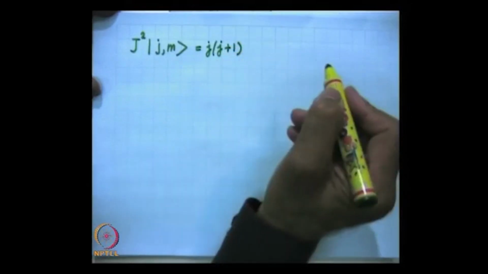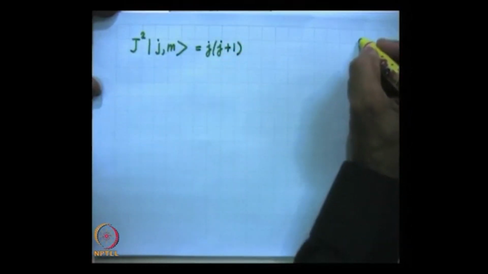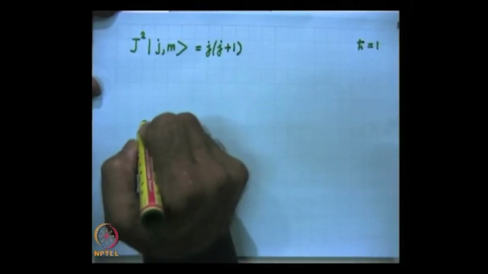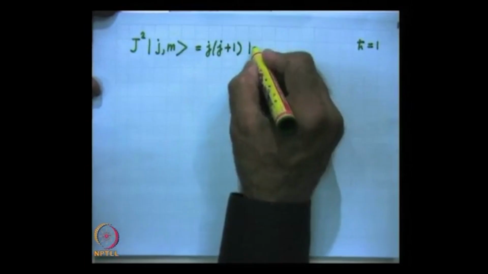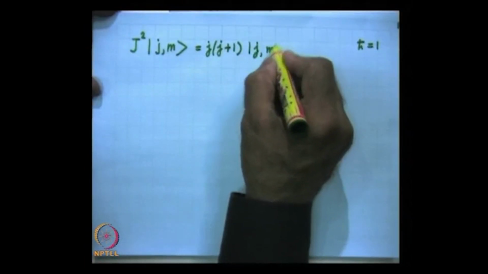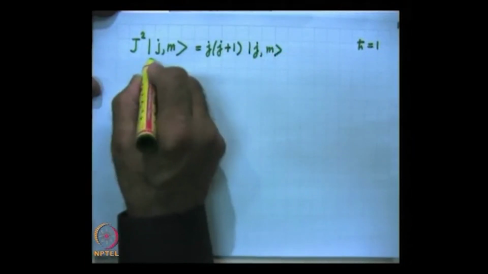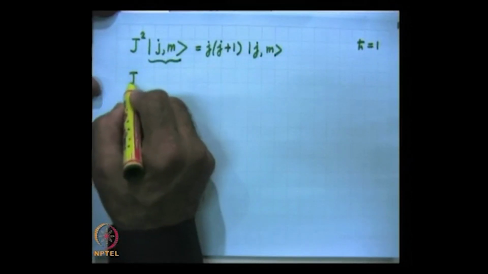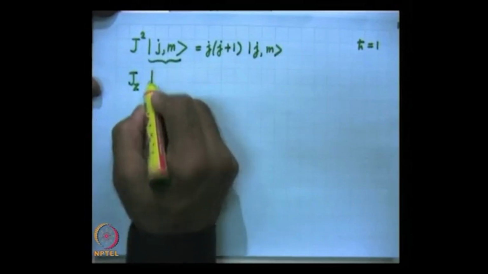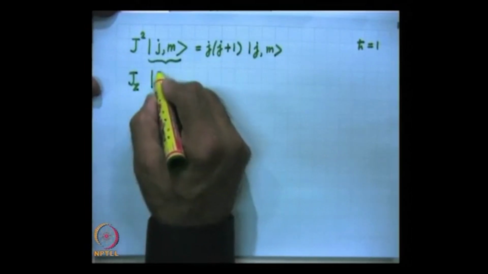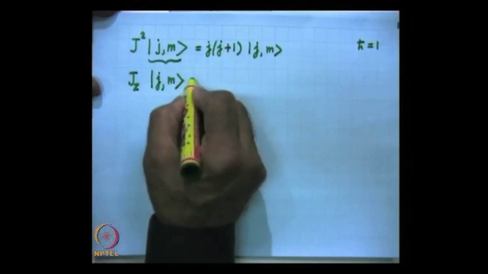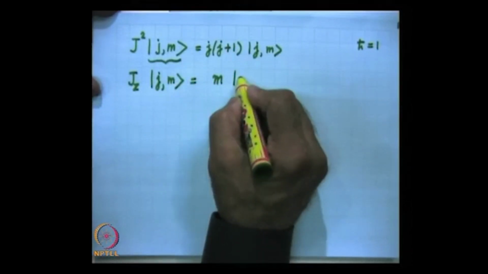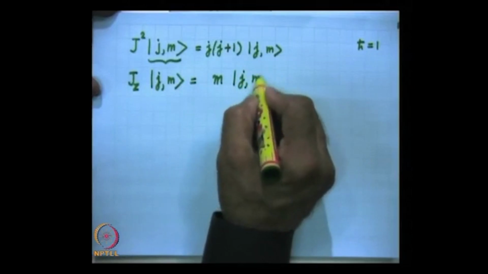We are actually assuming a system of units in which h cross is equal to 1. So, this is j comma m, and these are simultaneous eigenkets of J squared and J z, and the eigenvalue of J z is m h cross, and we will suppress the h cross.